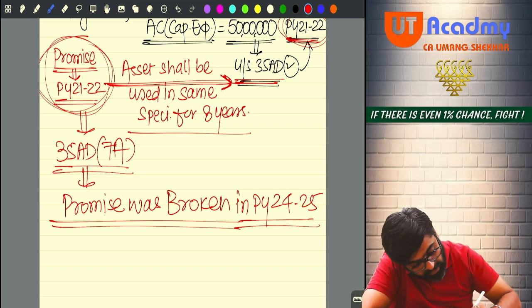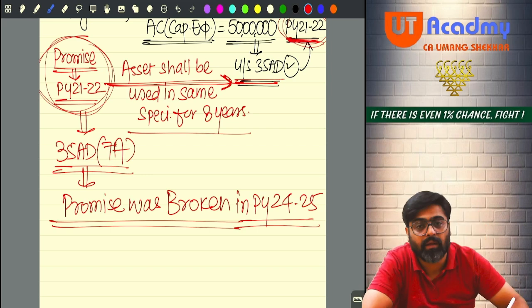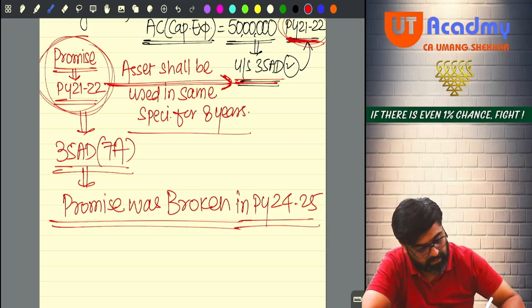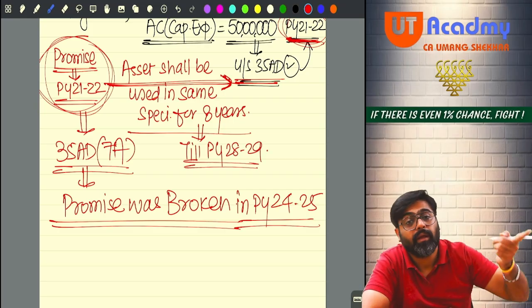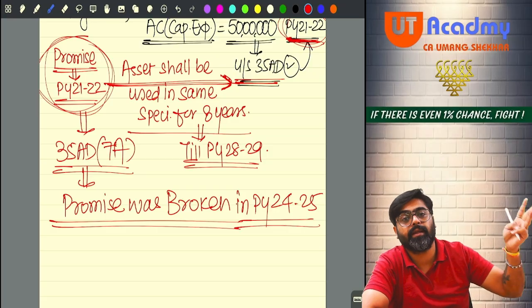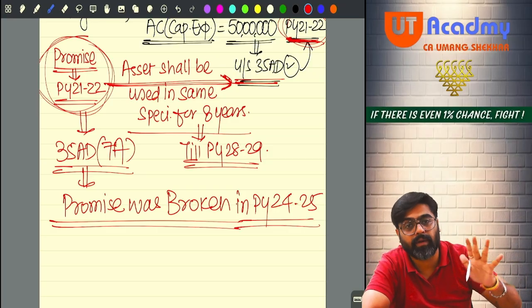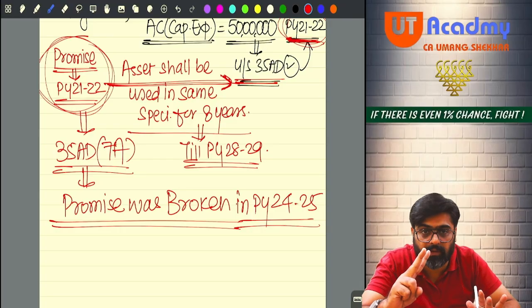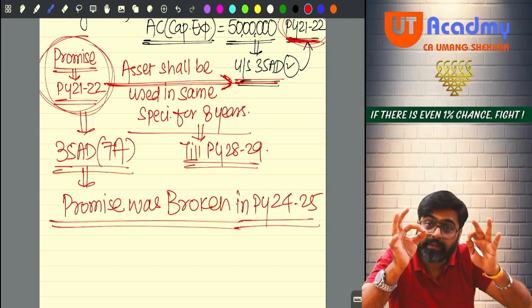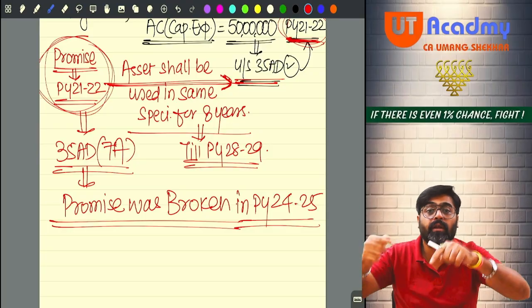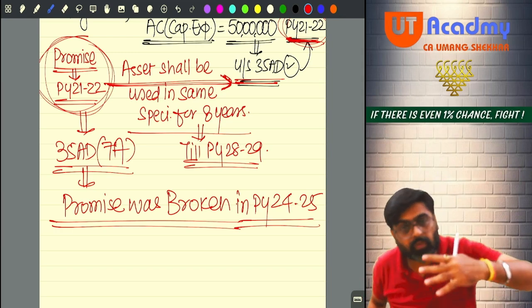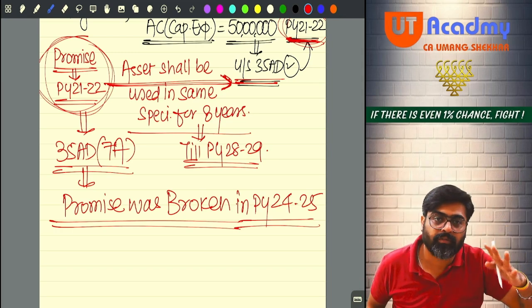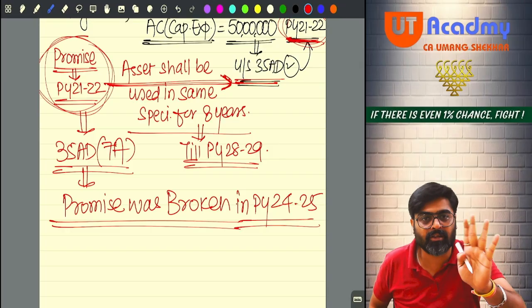From 21-22, 22-23, 23-24, 24-25, 25-26, 26-27, 27-28, 28-29, this asset will remain in specified business A only. If you take that asset out after 28-29, then there is no break of promise.